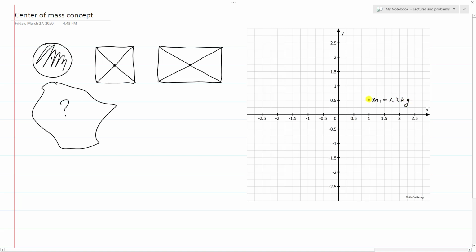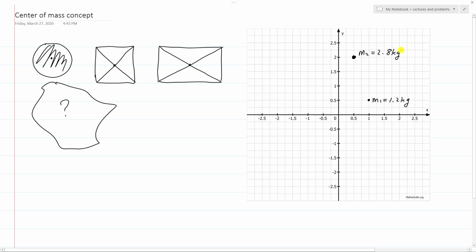Okay, so there's a point there. Let's put another point down, maybe at 0.5 and 2. Let's have a bit more mass, and we'll have a bigger dot for it. So m2 equals 2.8 kilograms. I just made up these numbers.